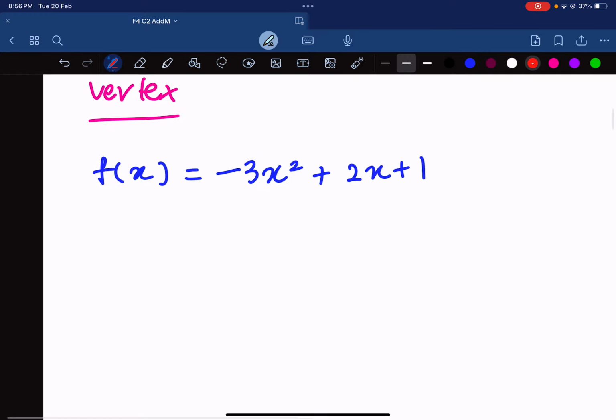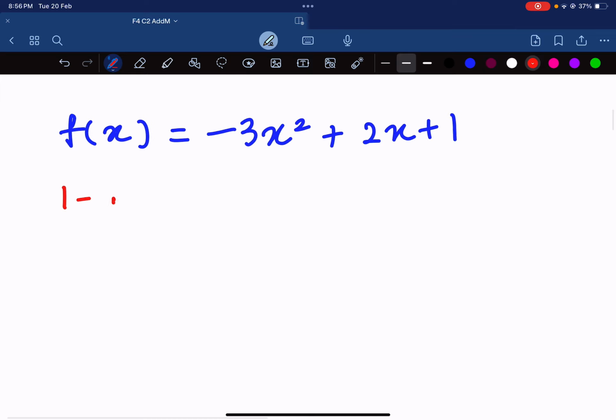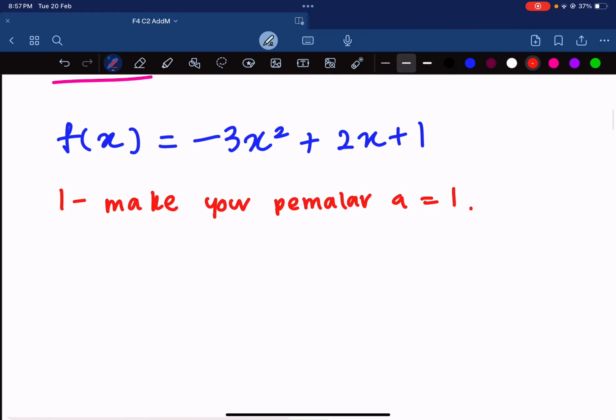Okay, the first step should always be to make your A ataupun your yang dekat dengan power x square tu as dia punya coefficient ataupun dia punya pemalar as 1. Okay, so how do we do that?